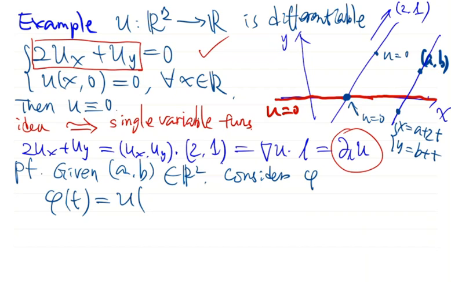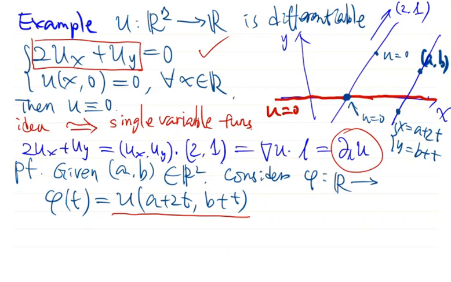Therefore, we consider the value of u at (a plus 2t, b plus t). This is what we call restricting u to the line. This gives us a function of t, which we denote by phi. Phi is a function defined for every real number t.